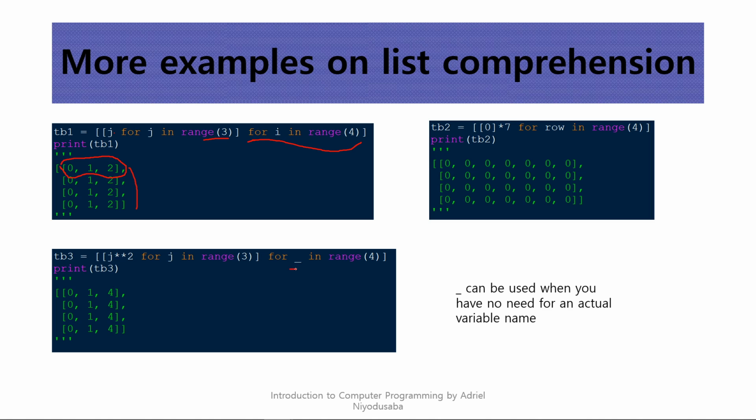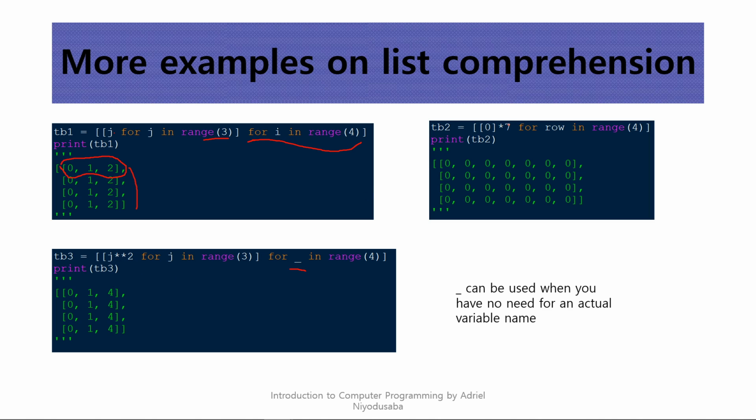Here I use the special thing called underscore, and it's basically used when you don't need an actual variable name. So it's kind of like an anonymous variable, because I have no need for this variable name. I just want to tell my program how many times I want to repeat this statement.